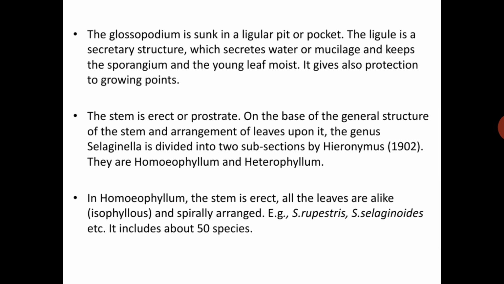In Homophyllum, the stem is erect and the leaves are isophyllous and spirally arranged here. That's the Homophyllum type, where the stem is erect and you find isophyllous leaves that are spirally arranged, and it includes 50 species here.